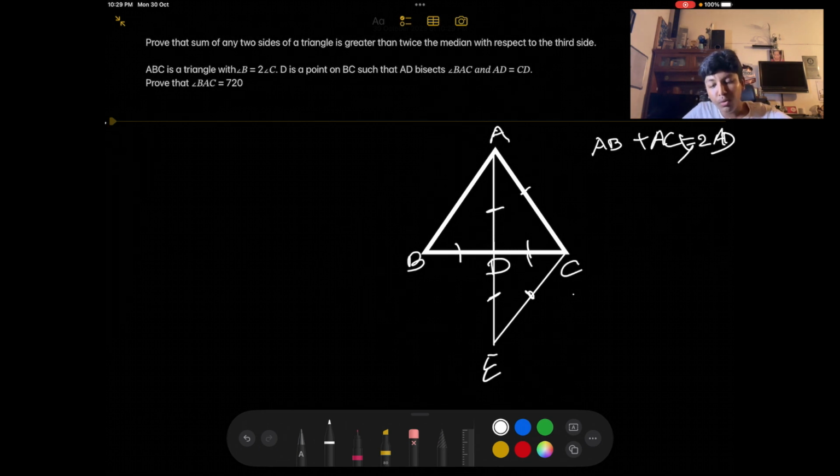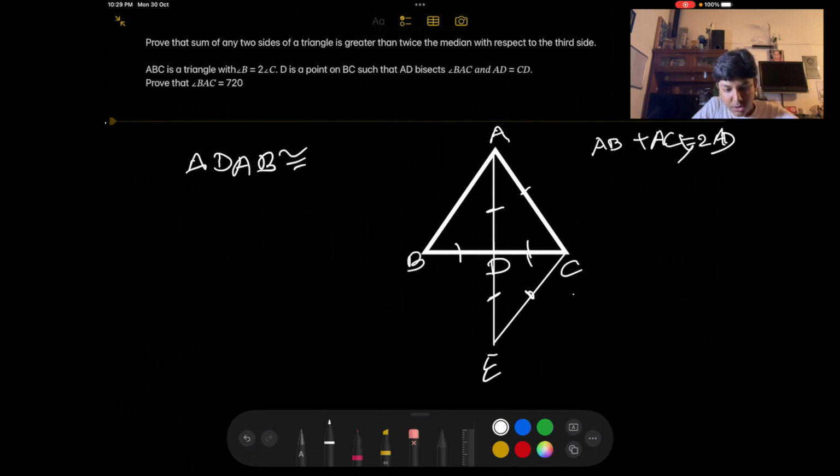So first, to prove triangle DAB is congruent to triangle DEC.